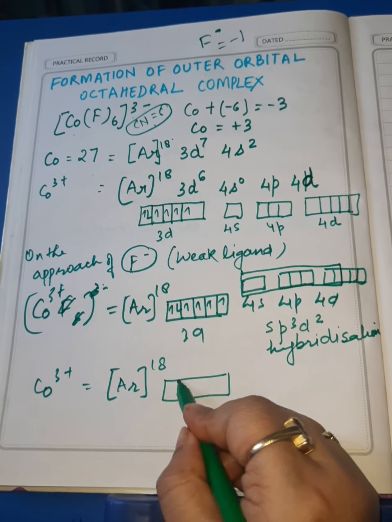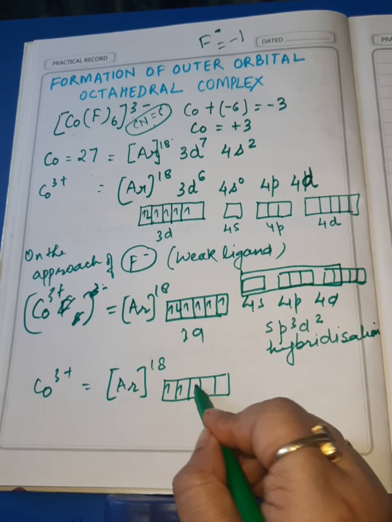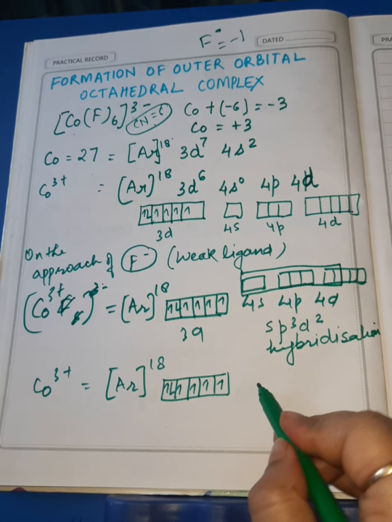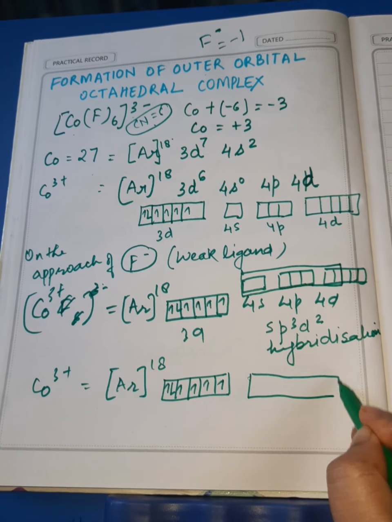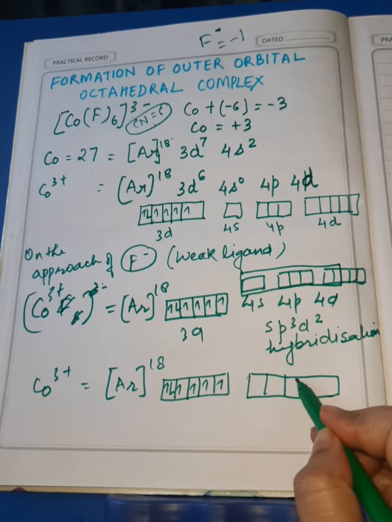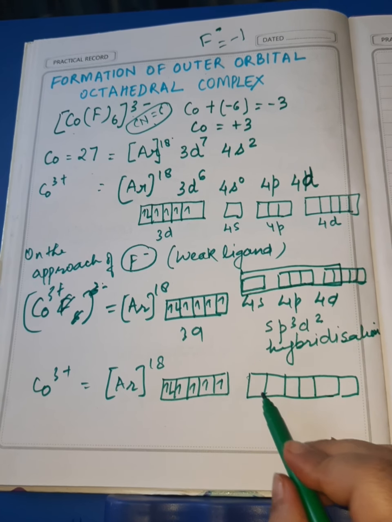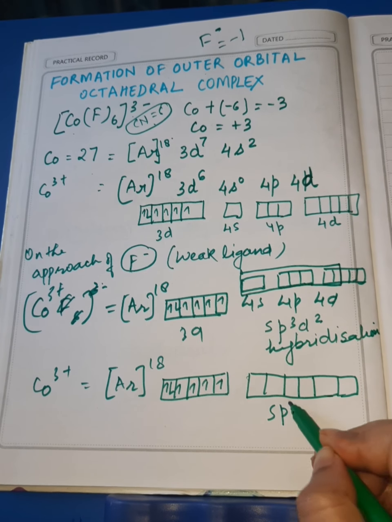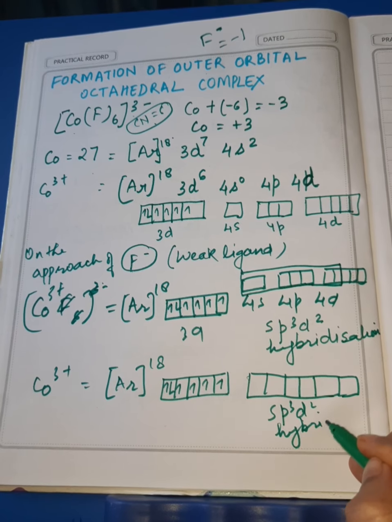Alright, now after this hybridization, the cobalt ion situation becomes Co3+ equals argon 18, 3d as it is with the 6 electrons, 1, 2, 3, 4, 5 and 6. Now we have hybridized orbitals which are 6 in number, 1, 2, 3, 4, 5, 6, and they are sp3d2 hybridized orbitals.